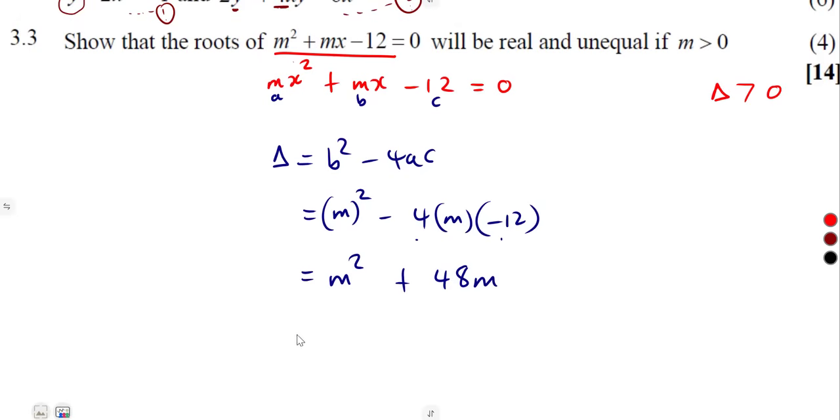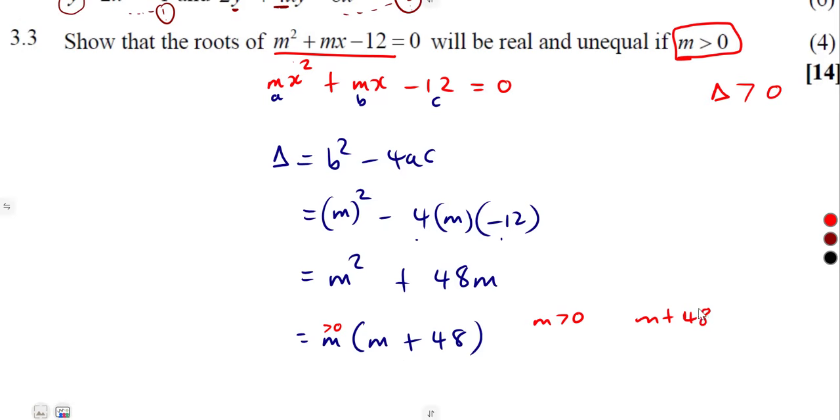So this is where we are. We can factor out m, which is common. This will be m times m plus 48. Guys, we are told that m is greater than 0. So if m is greater than 0, like what we are told here, this number is positive. So what about m plus 48? Obviously it is also going to be greater than 0, guys.